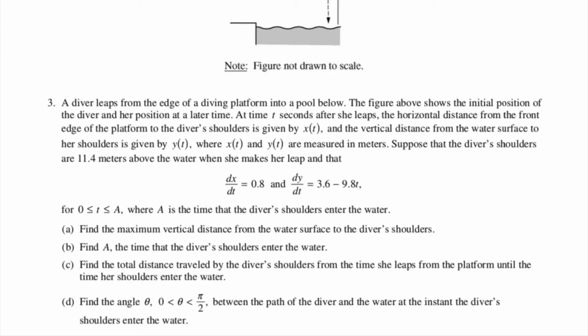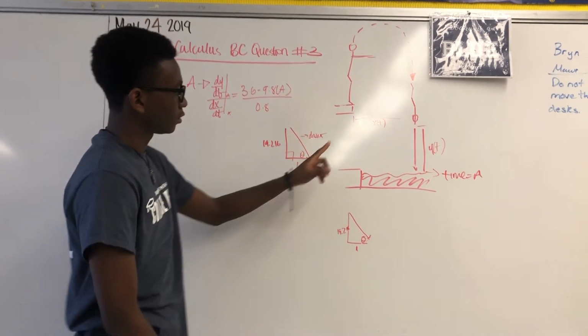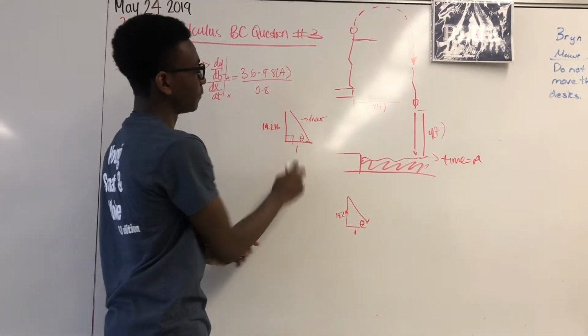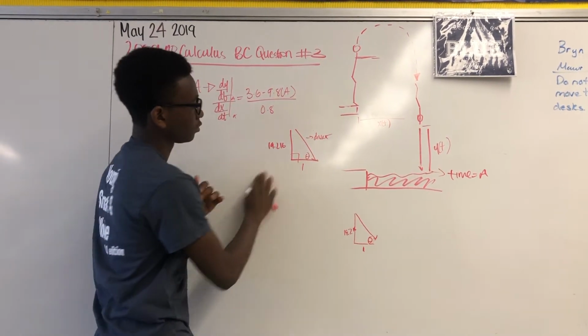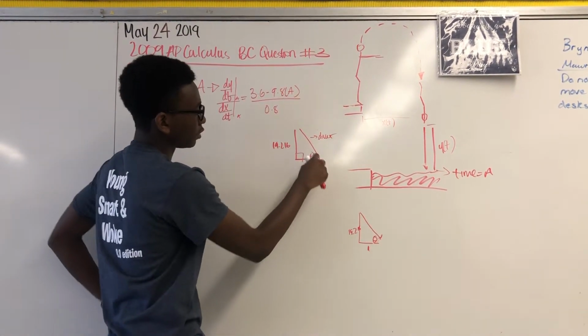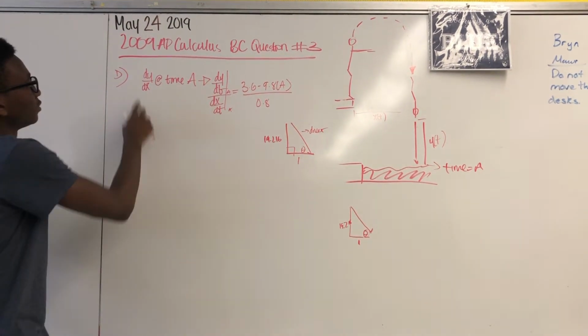Part D of this problem asks to find the angle theta between the path of the diver and the water at the instant at which the diver's shoulders enter the water. As we know, that instant is at point A. So at point A, we have to find dy/dx.